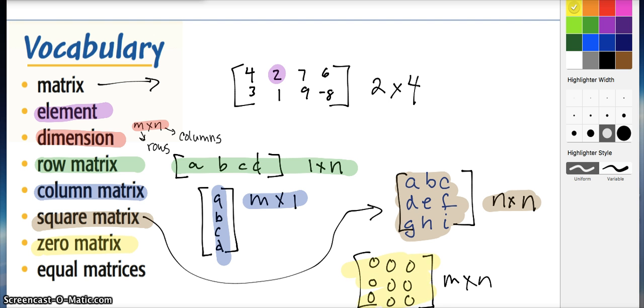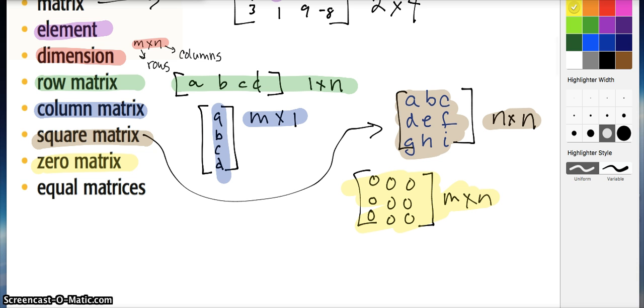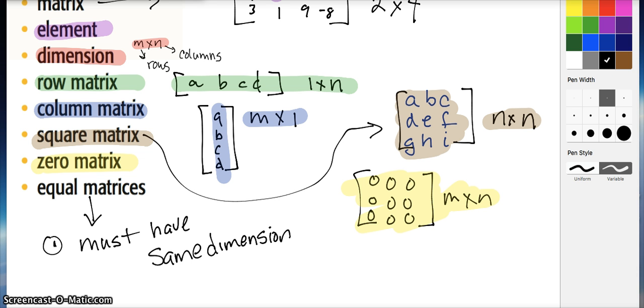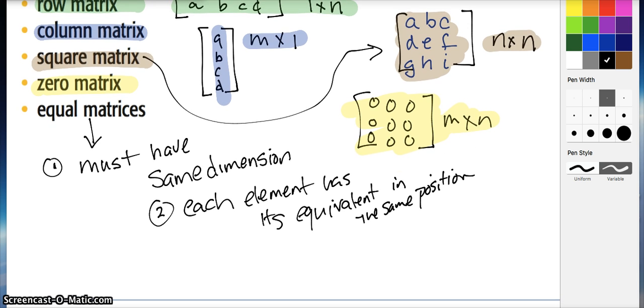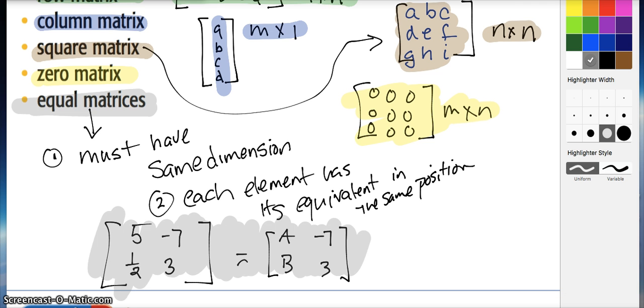And finally, the idea of equal matrices. If you've got two matrices that are equal, a couple things must be in place. First, both matrices must have the same dimension. And each element has its equivalent in the same position. So an example of equal matrices would be the following two matrices here, where notice that -7 is the same here.